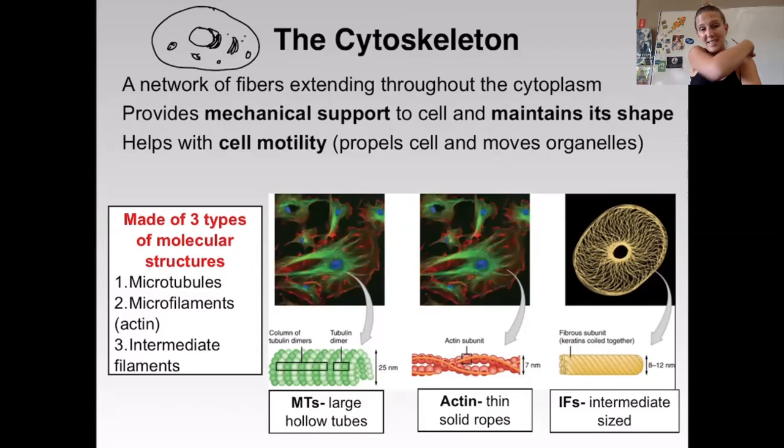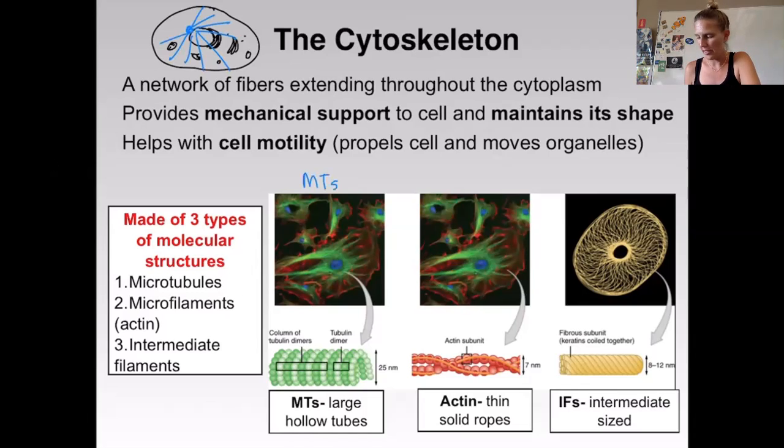But that cell has a cytoplasm that's just like an aqueous environment, kind of jello-like actually, that doesn't have a lot of shape to it. So what we have is we have these blue things here, which are microtubules. They're here.